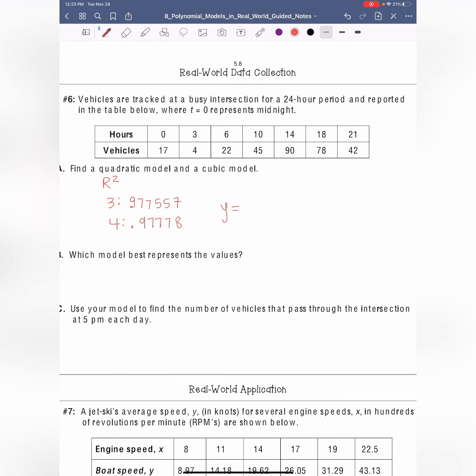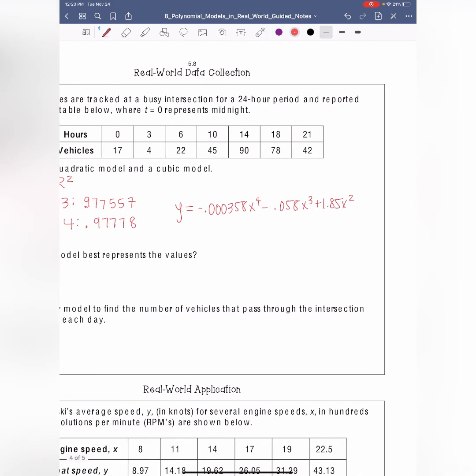So y equals negative 0.00358 x to the 4th minus 0.058 x cubed plus 1.85x squared minus 8.83x plus 16.9.